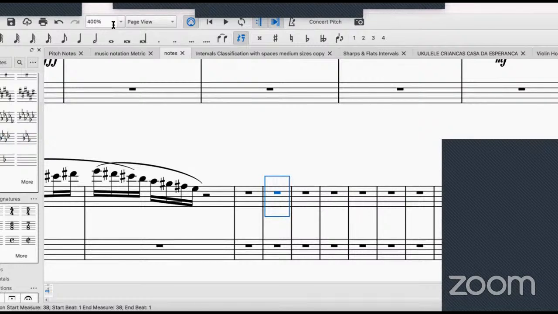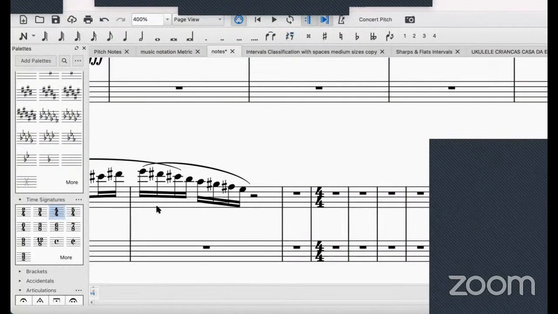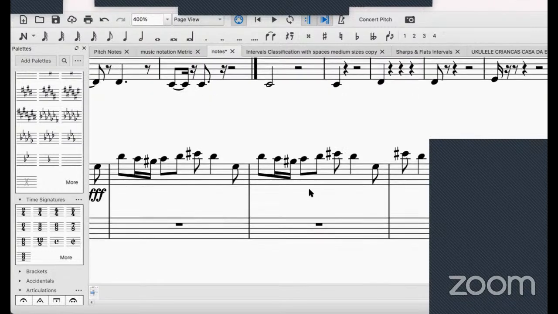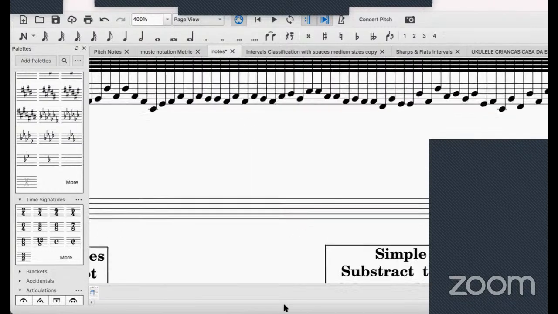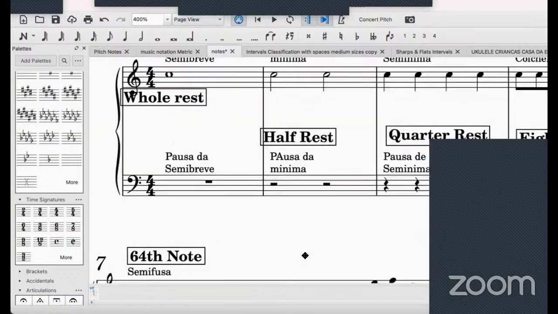Time signature has to do with, the numerator is quantity, the denominator is the quality. The number 4 is the quarter note, because these numbers have to do with the division and subdivision of the notes in relation to the whole note.